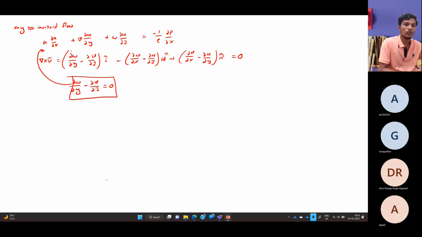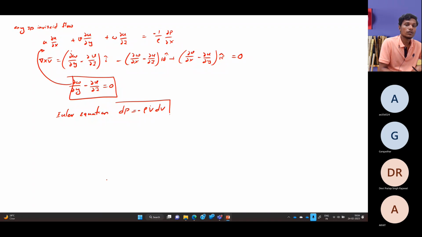I'm not going into the detail of everything, but this is the step you need to do, and if you substitute back into equation one and simplify, one will end up with Euler's equation, that is dp equals minus rho V dV.